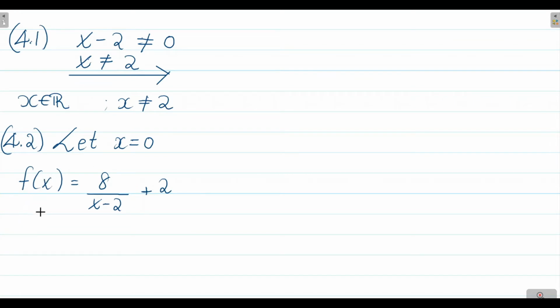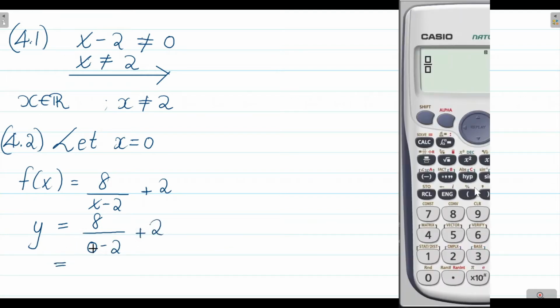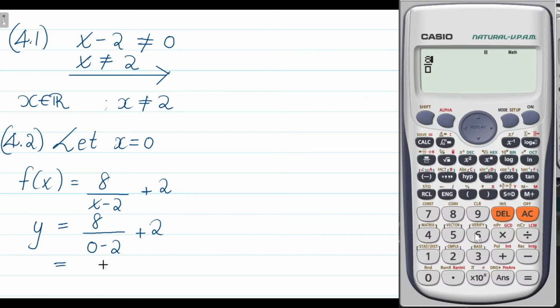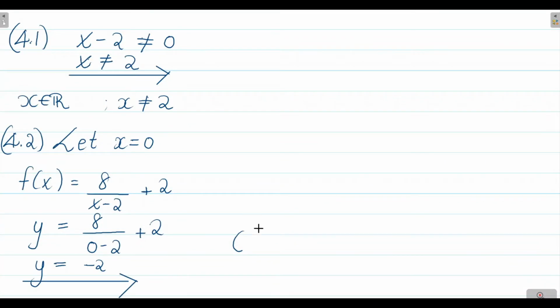We know that f of x can also be written as y, which is equal to 8 over, what is our x? x is equal to 0, so 8 over 0 minus 2, plus 2. Therefore, if you punch that into your calculator, you'll find that when your x is equal to 0, your y is equal to -2. So your y-intercept is y equals -2. When x is equal to 0, your y is equal to -2.